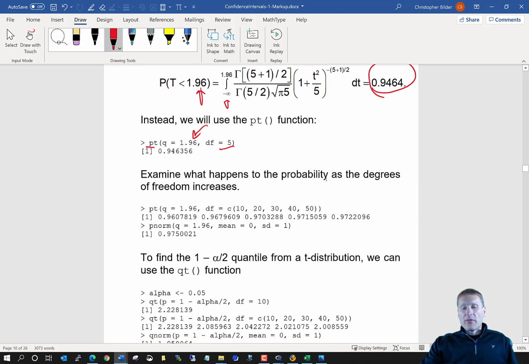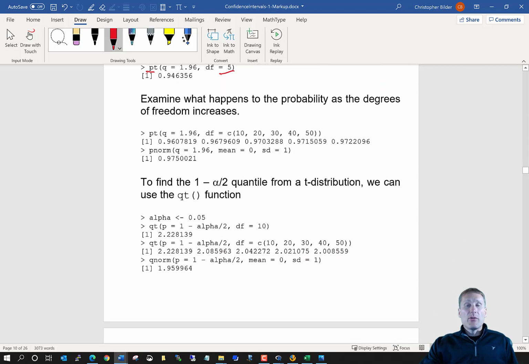Now, similar to other functions in R, you can use vectors of information with the function. The function will be applied to the multiple elements of the vector. So if I worked with a quantile 1.96 again, and looked at a whole bunch of different degrees of freedom and did the evaluation, you can see that the probability that t is less than 1.96 is increasing as the degrees of freedom increases.